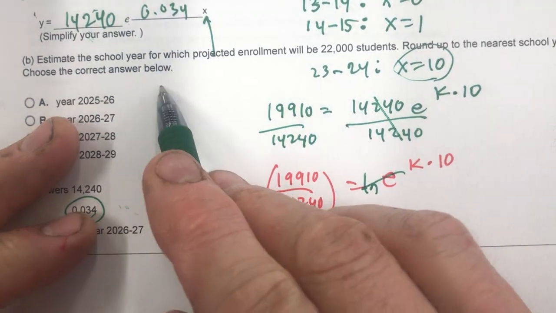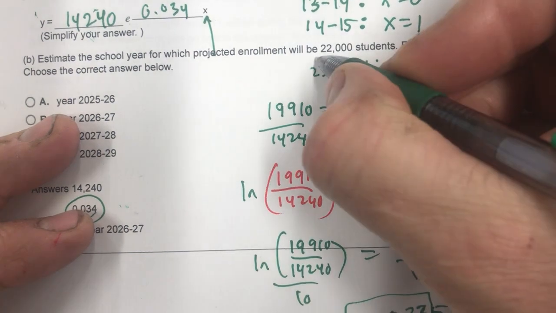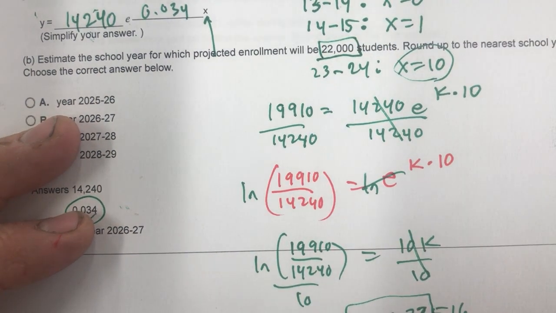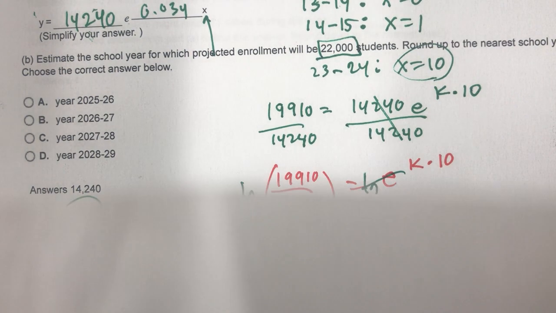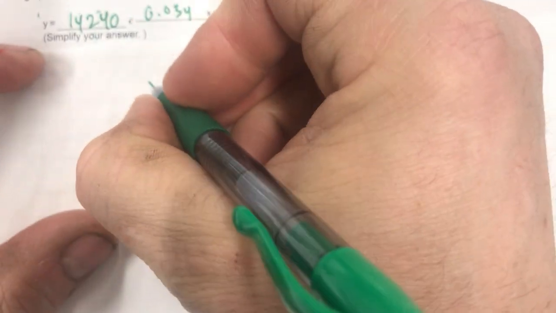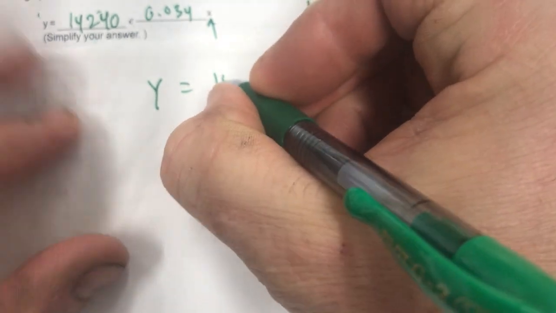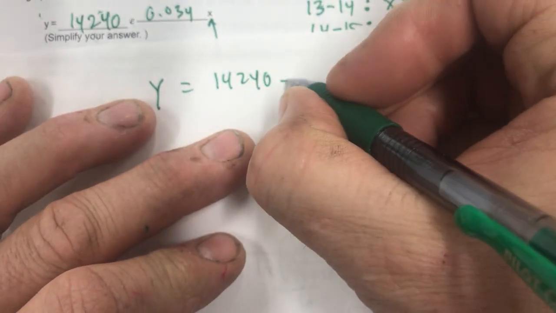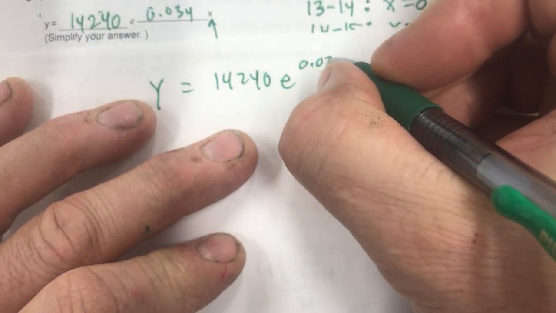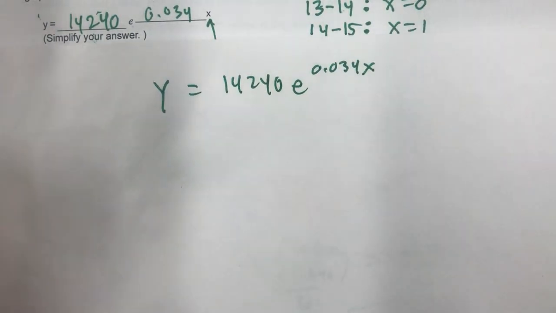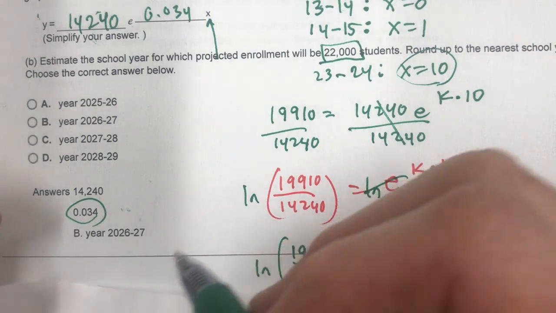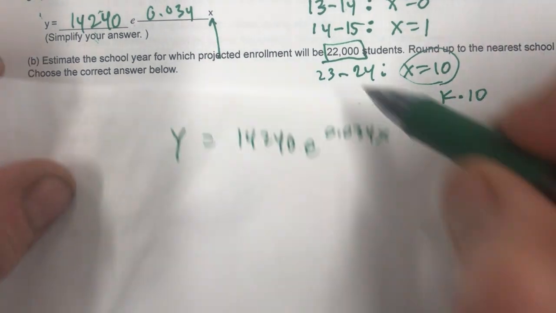This is estimate the school year for which projected enrollment will be 22,000 students. So what that means is I'm going to take this equation I just built, y equals 14,240 e to the 0.034x. And this is asking what year will it be 22,000.